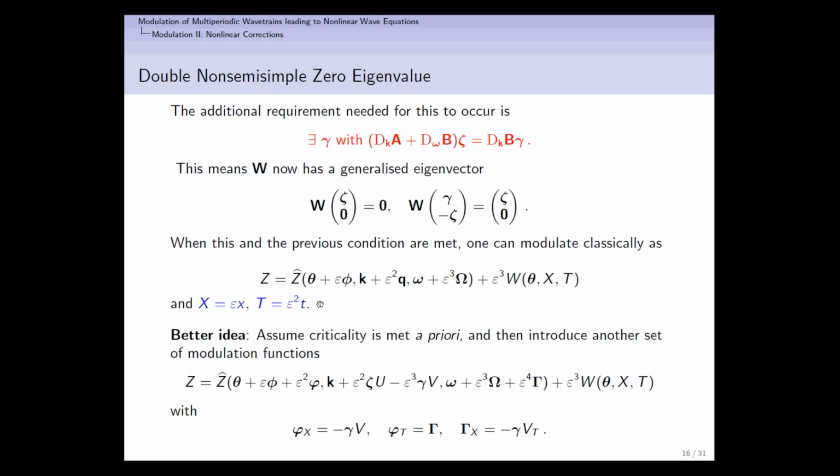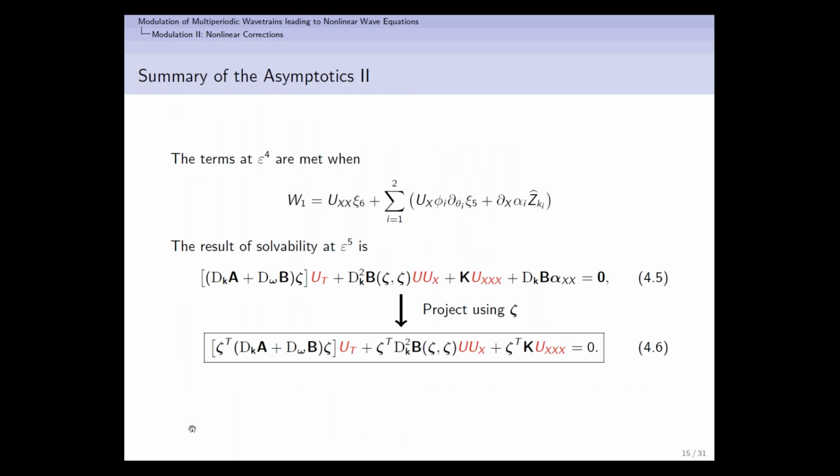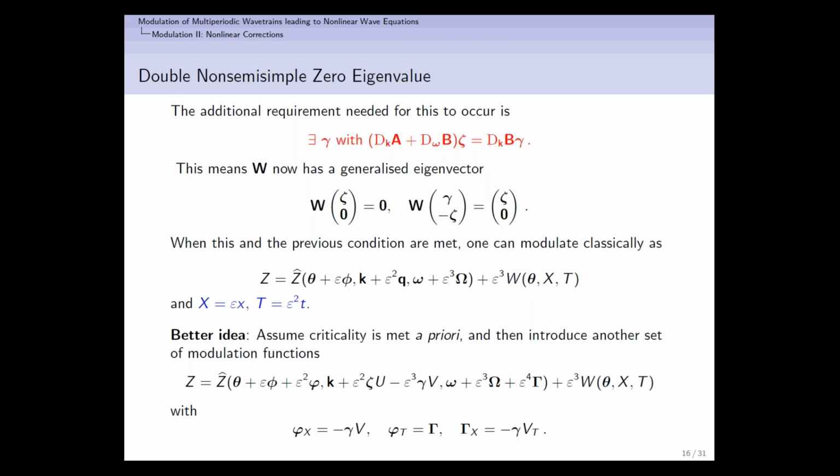Okay, so we have a double zero non-semi-simple eigenvalue precisely when this system is solvable, and you can show that directly from W as well, because it means that not only do we have this first eigenvector, but we also have this generalized eigenvector. For that to be solvable, if we take the left product with zeta, that's precisely when this time term vanishes, and that's what you expect to lead to the Boussinesq equation.